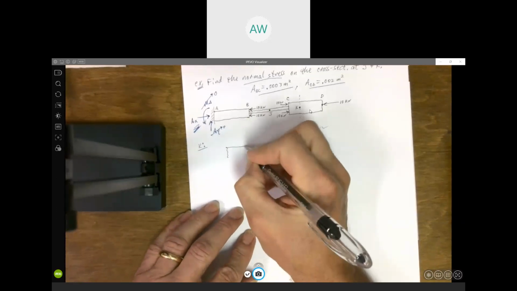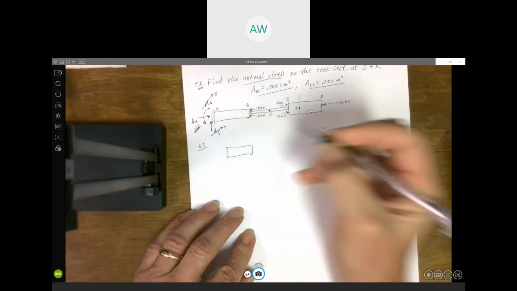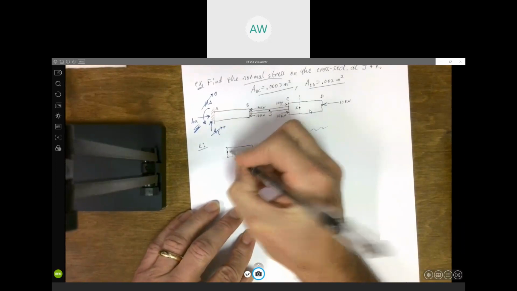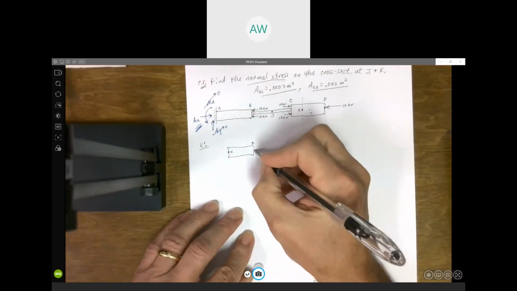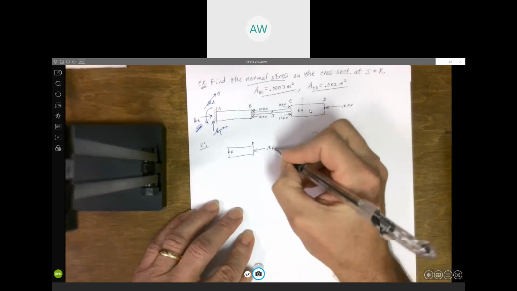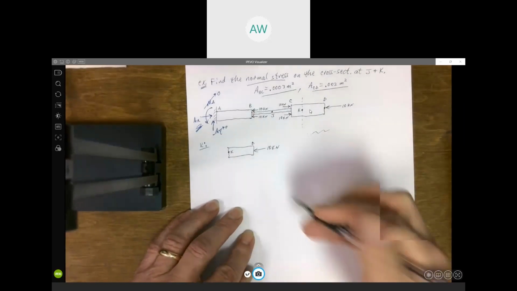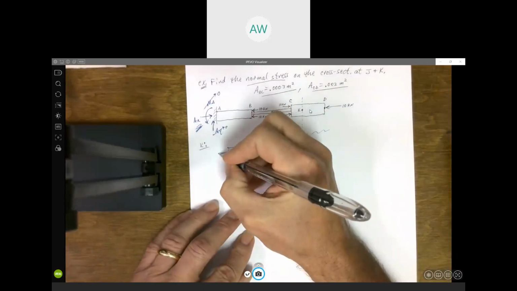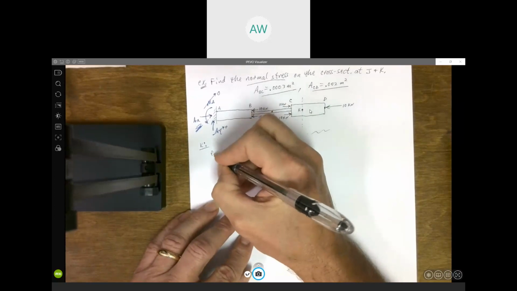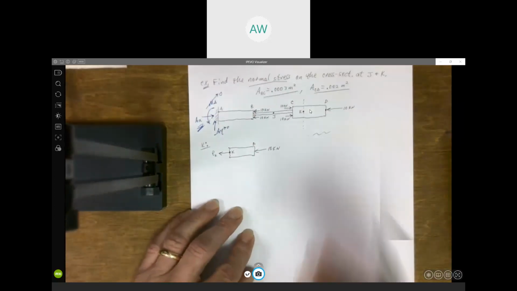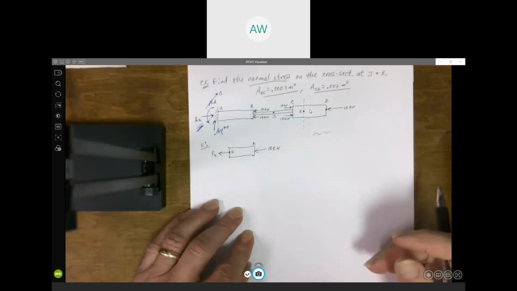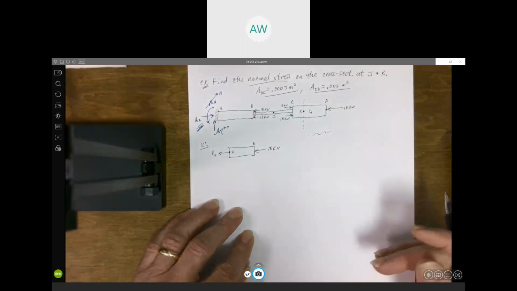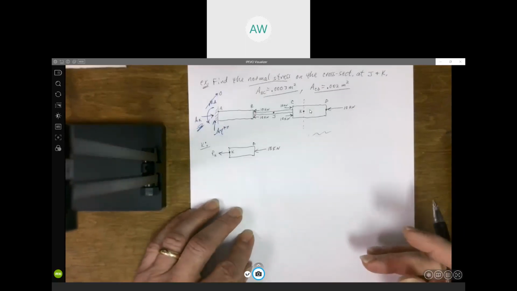Here's K, so that's where we cut it. We've got a 10 kilonewton force acting to the left, and what we're trying to find is this axial force P acting on the cross section there at K. I hope everybody could tell me that just by looking at it.